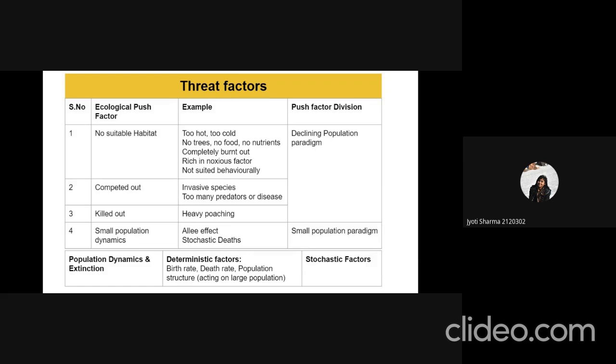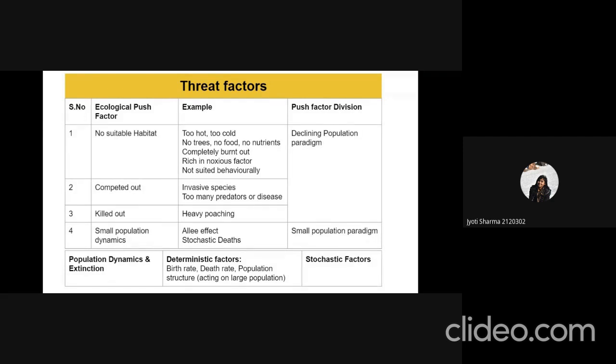Because of their behavior, they will not survive on the mango trees or the condition that has been created by humans, like the mango plantations. So this is the condition, non-suitable habitat.